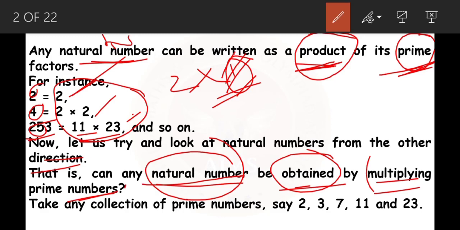What are the prime numbers? The numbers 2, 3, 5, 7, 11, like that. Let's try with some of the prime numbers.